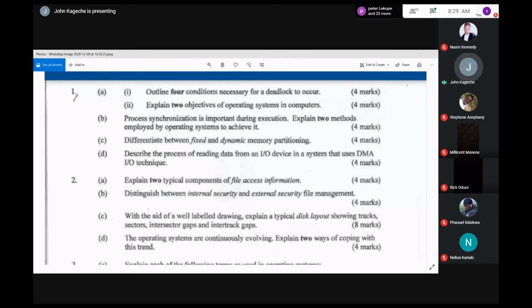So the first step, when the processor wishes to read a block of data from an IO device, it must issue a command to the DMA. Once the command is issued, the processor continues with whatever it was handling. The DMA module transfers the data or reads the block of data from an IO device. And once the reading is complete, then the DMA must signal the processor to tell it that the process has been completed. Those are the four steps.